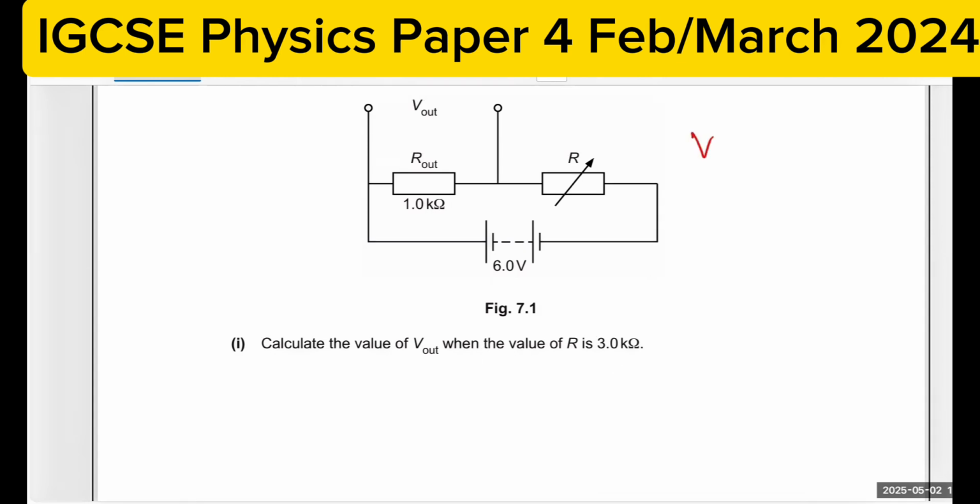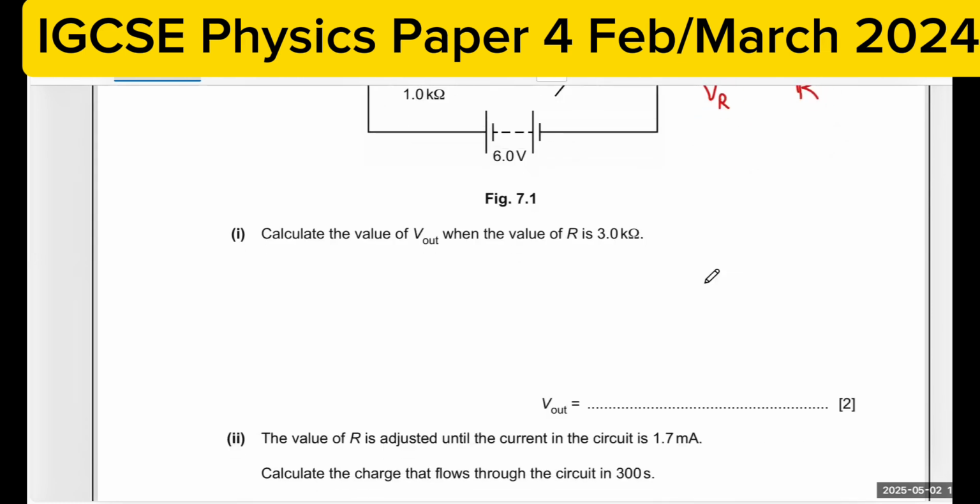So what do we write? Output voltage divided by voltage of the resistance R is equal to output resistance divided by the resistance. Now putting the values, we get voltage of R equal to 3 times the output voltage, so that is 1.5 volt.